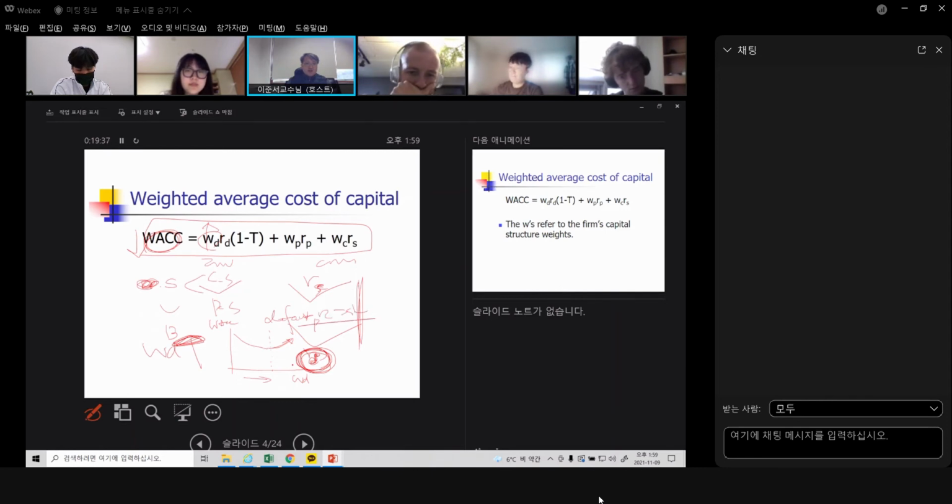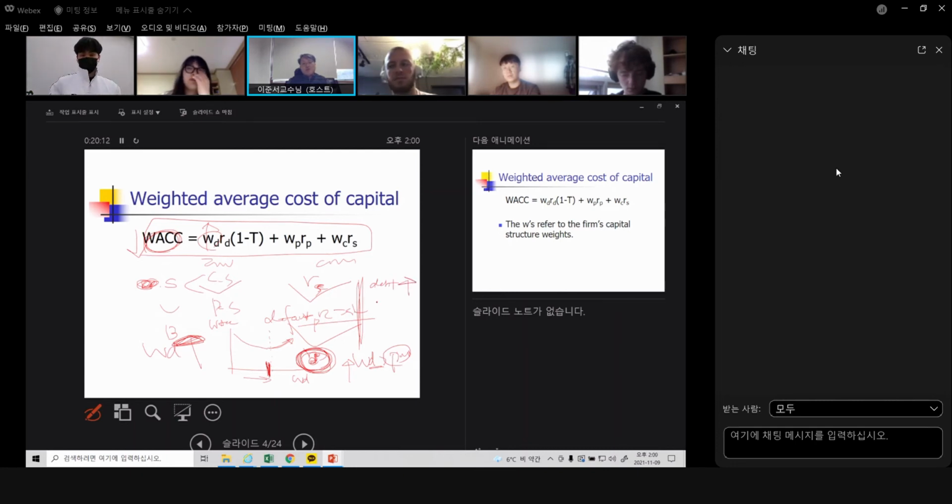Until some point, it's okay if we increase the weight to raise funds by using debt, but if WD exceeds the threshold point, then the likelihood that the company goes bankrupt is dramatically increased.